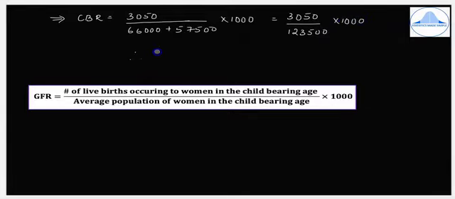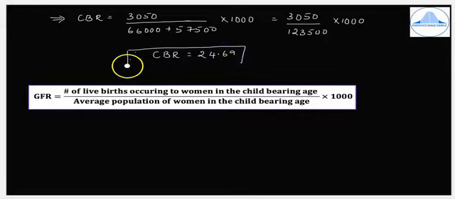After further simplification, you will get CBR is equal to 24.69. You can just take two places after the decimal after rounding off. So this is CBR, that is the crude birth rate.